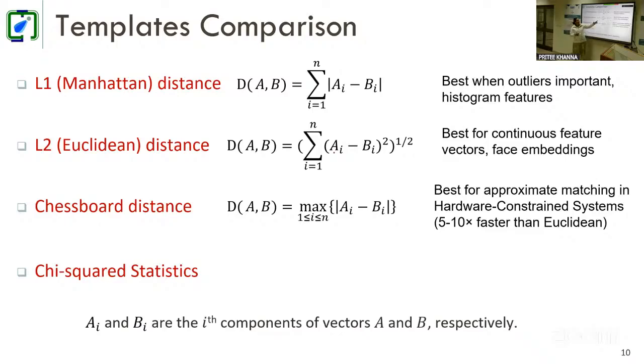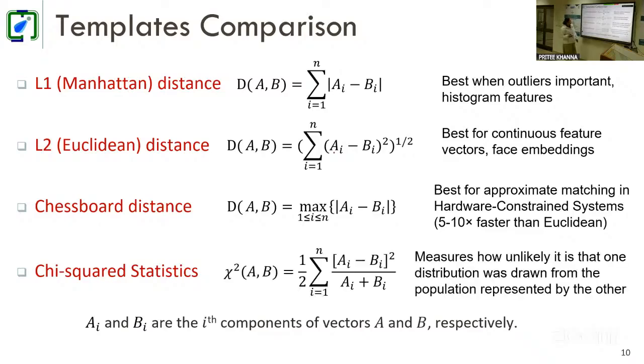Now you can understand that Euclidean will take more time, and here it is much simpler. This matters when we need to do the matching in a hardware-constrained system where response time matters. You can see that its calculation is 5 times faster as compared to Euclidean distance.